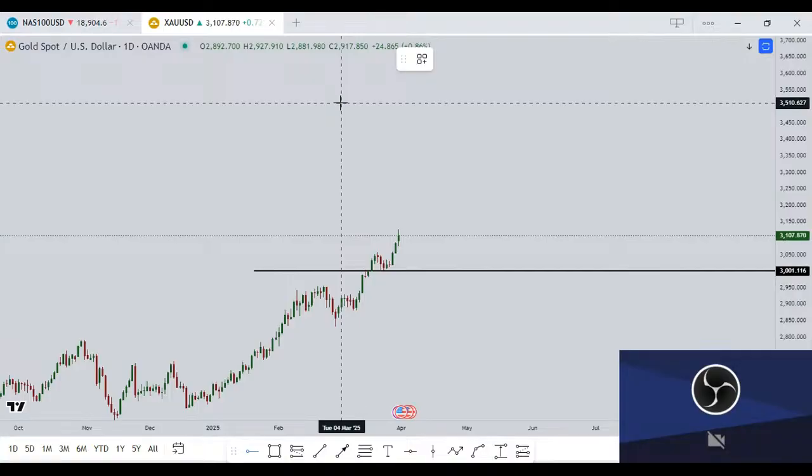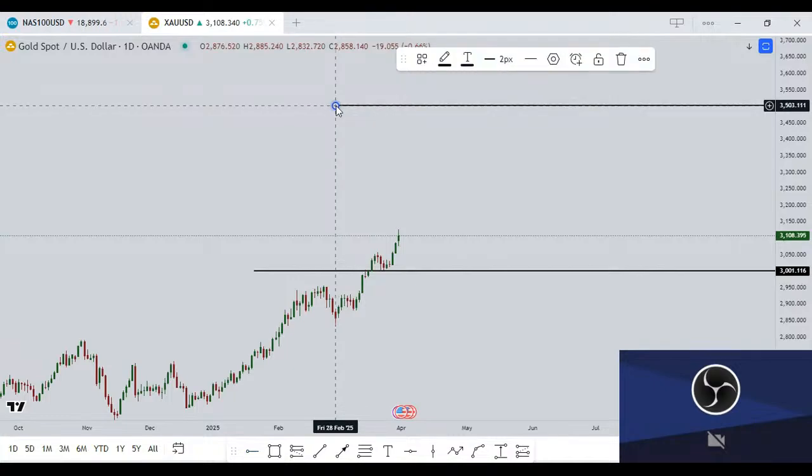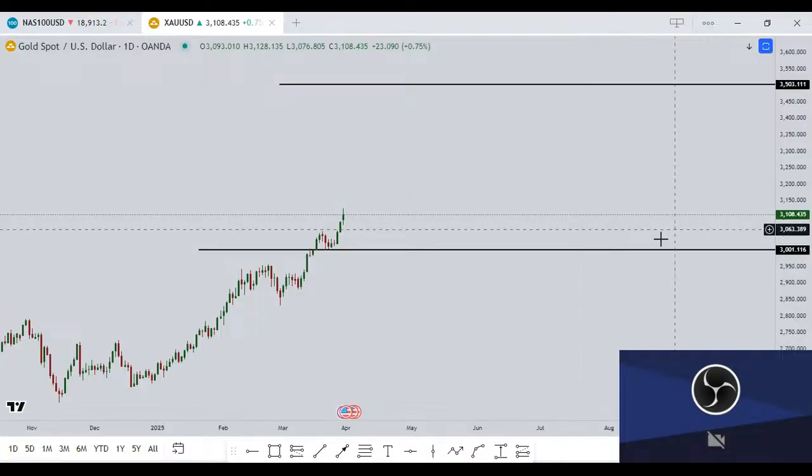The war breaks out again, and they continue with that. There is actually no peace deal between Russia and Ukraine. All these are factors that will make investors keep investing in gold. And next we will be targeting $3,500 per ounce on gold.